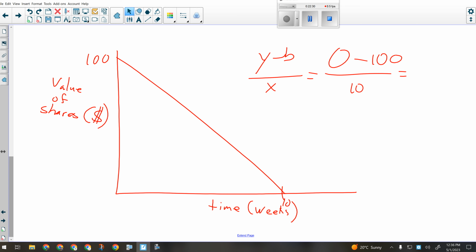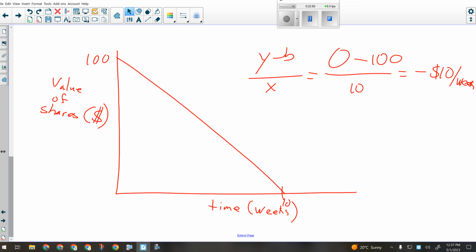Well, they're going down by $10 per week. So after 10 weeks, you better hope you don't own any. It won't be good for anything at that.